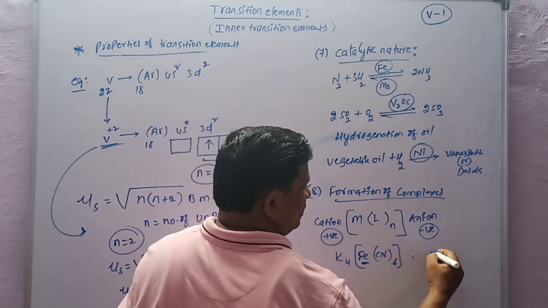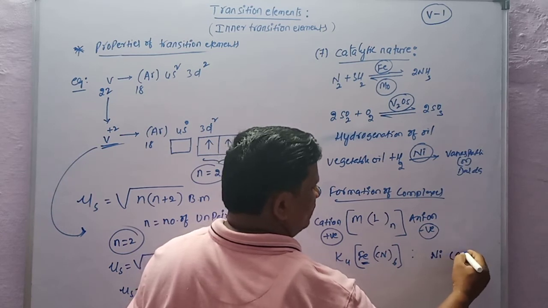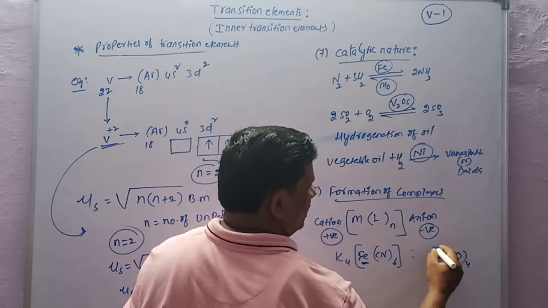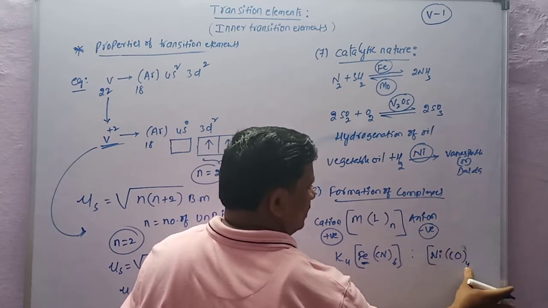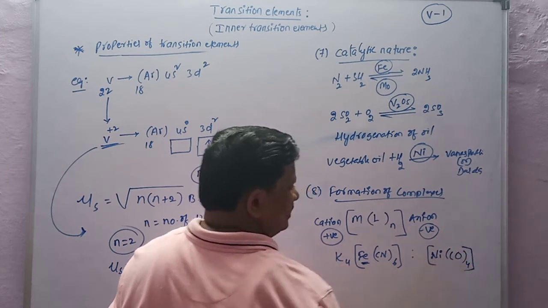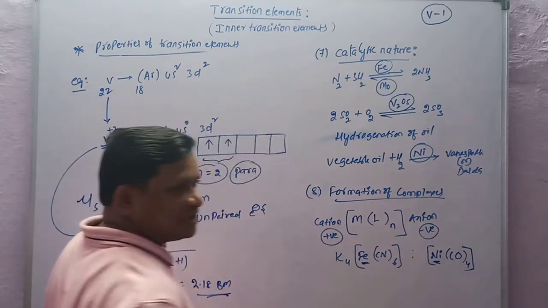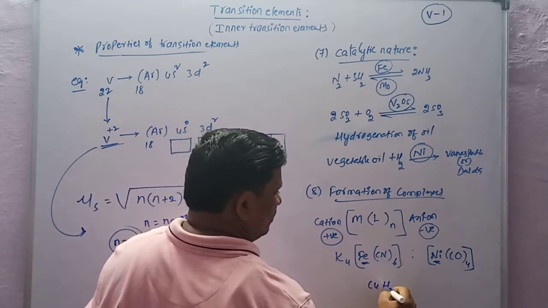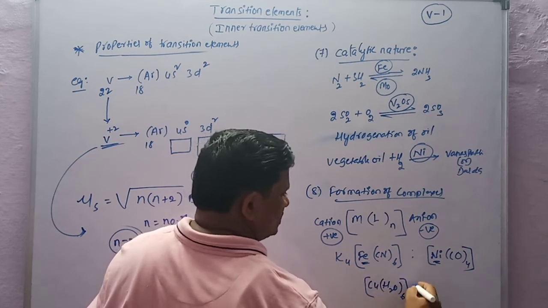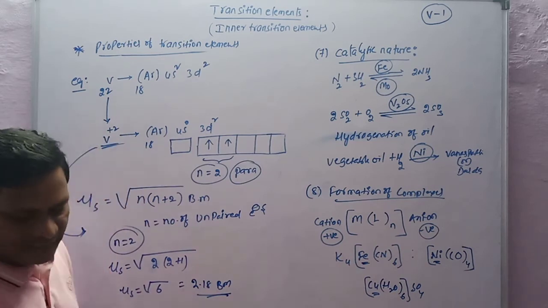For example, tetracarbonyl nickel, Ni(CO)4, wherein nickel is the transition element. For example, hexaquo copper(II) sulfate, where hexa means 6, wherein copper is also a transition element.